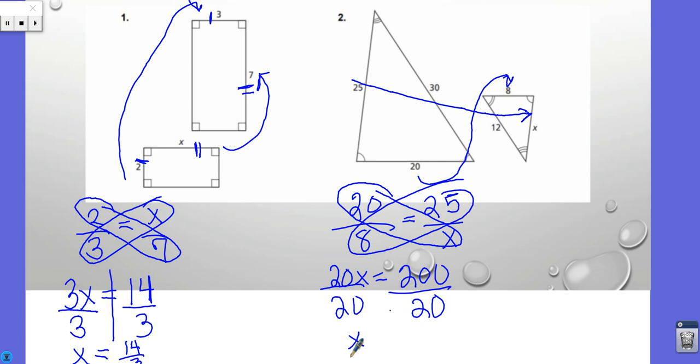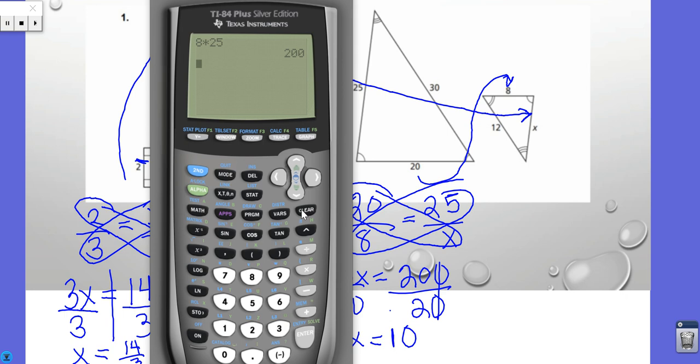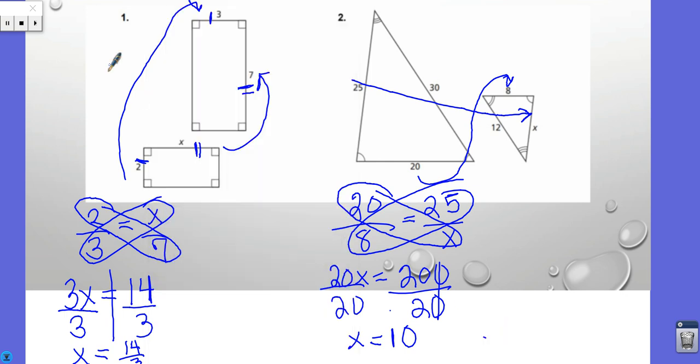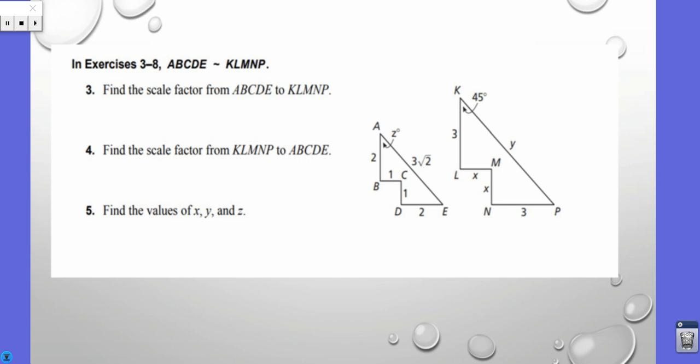Well, I get x equals, and I know a couple of rules. I can scratch off these zeros, and then I can say 20 divided by 2 is 10. We can always check ourselves with the calculator. 200 divided by 20 is 10. All right, let me see if that was the only ones.